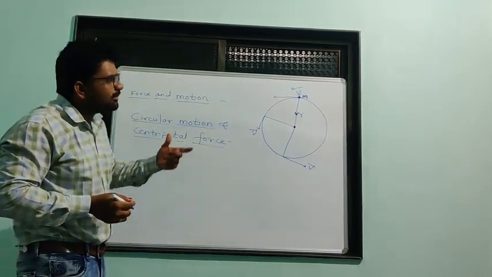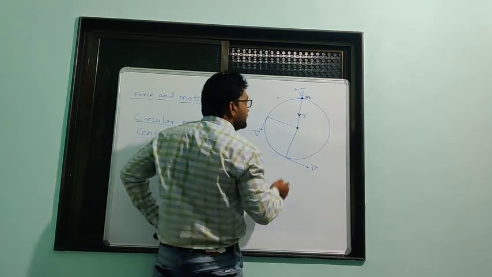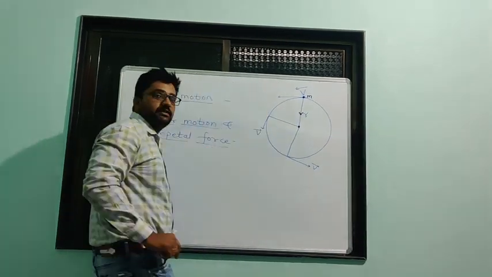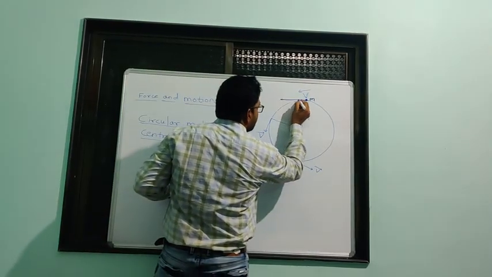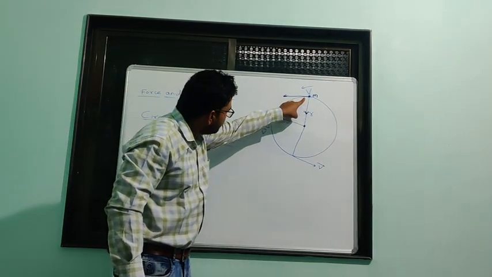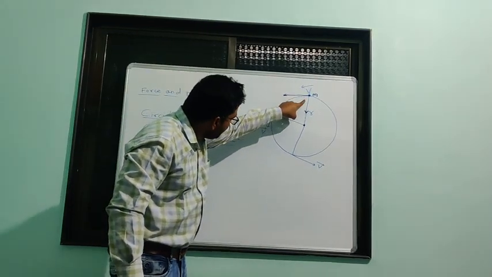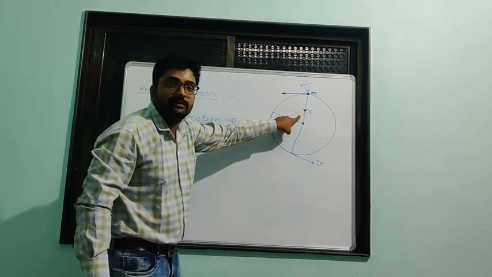Whatever velocity that object has, it has this direction. Velocity is in this direction and the centripetal force is toward the center of this circle.